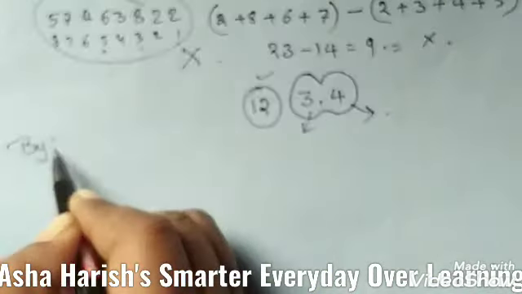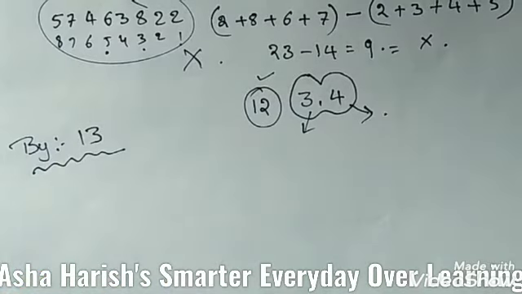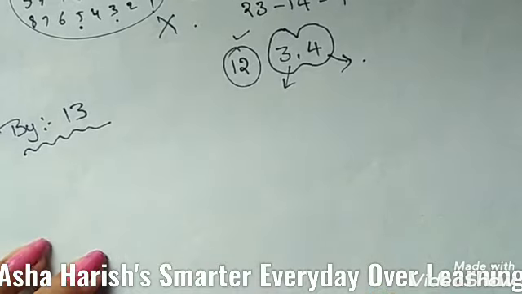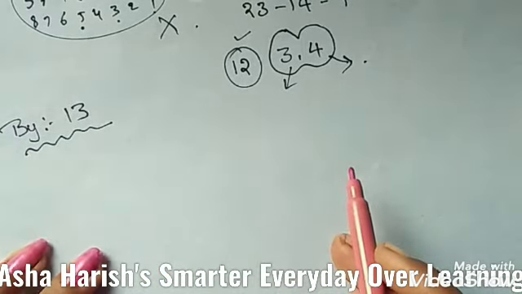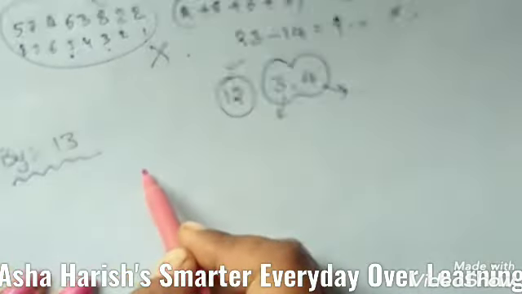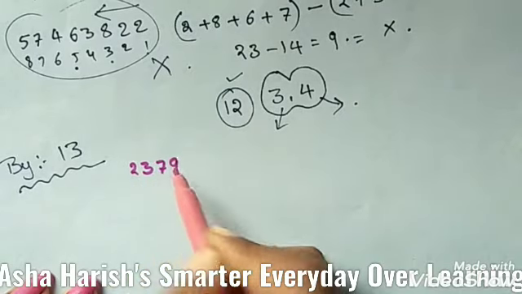By divisibility rule by 13. If the number is divisible by 13, we have to focus on the last digit. Last digit means unit digit. Okay, if you take the example 2379.